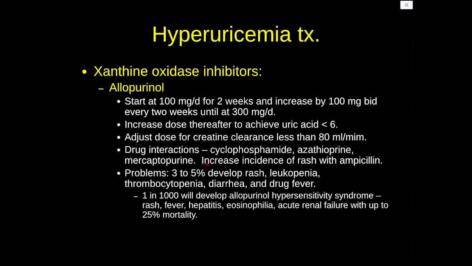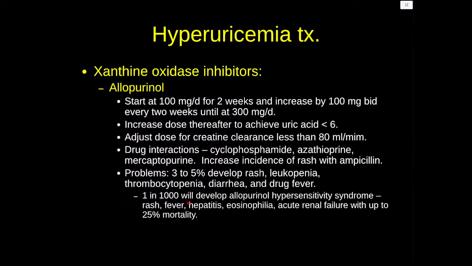Drug interactions are many, with cyclophosphamide, azathioprine, and mercaptopurine. It increases the incidence of rash with ampicillin especially. In 3 to 5% of patients, adverse effects develop: rash, leukopenia, thrombocytopenia, diarrhea, and drug fever.